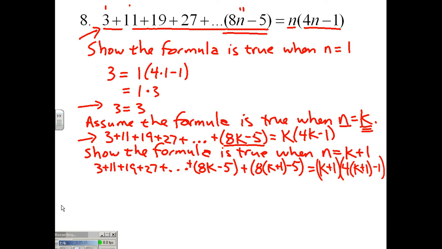And so all we have to do now is just algebraically simplify the left side and the right side and show they're equal. Oh, simplifying the right side is a bargain for any Algebra 1 student. Simplifying the left side, we've got a problem. I don't know how to simplify dot, dot, dot. What all lives inside of that dot, dot, dot?